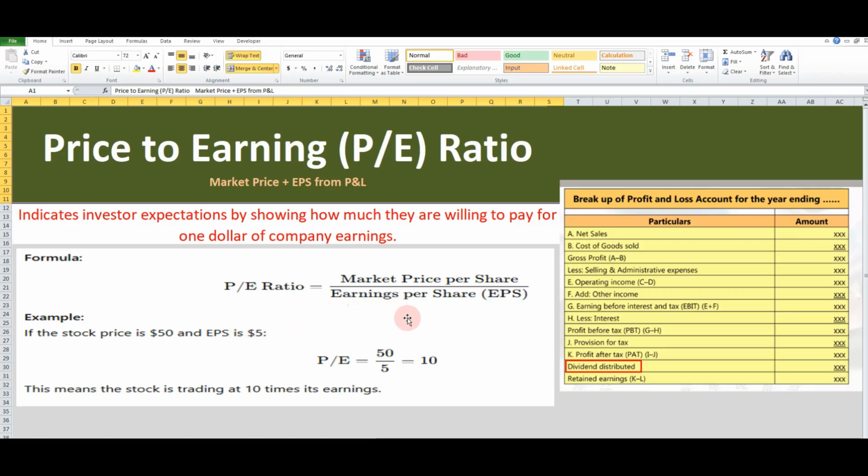Market price we can take from the stock exchange, and the earning per share we can take from the P&L. For example, if the stock price is 50 and earning per share is $5, then the stock is trading at 10 times its earning.